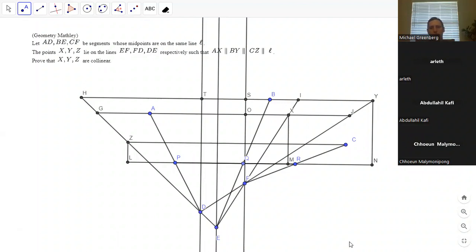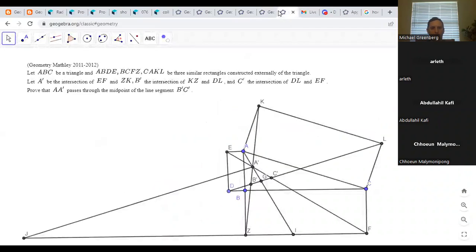What we need is the difference YS minus XO. That's a tricky thing to calculate. All right, let's move on to another problem. See if we can figure out something else.